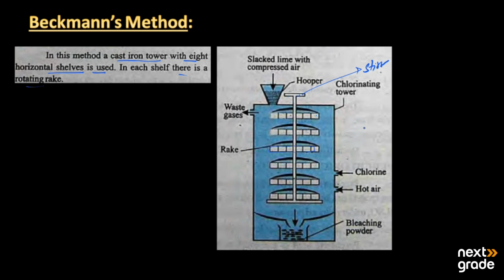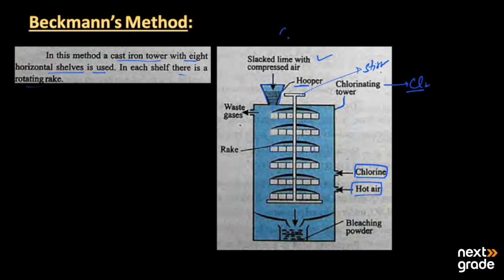Now, what is the main method that we use here? This is known as the chlorination tower, where we add chlorine and hot air, and from the top we add the slaked lime with compressed air through the hopper.